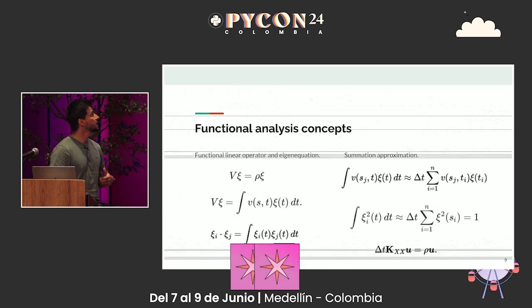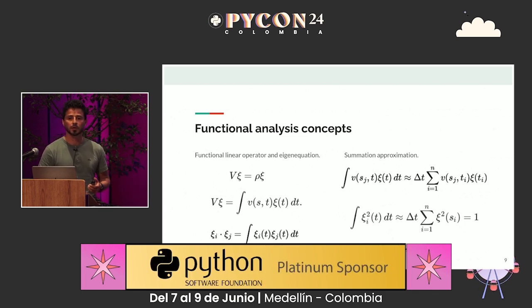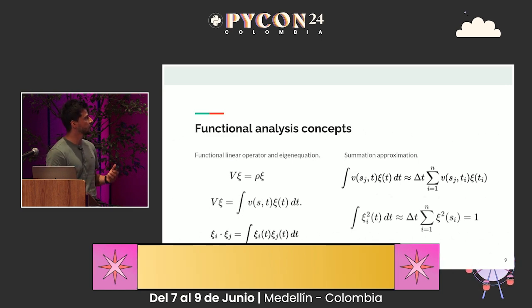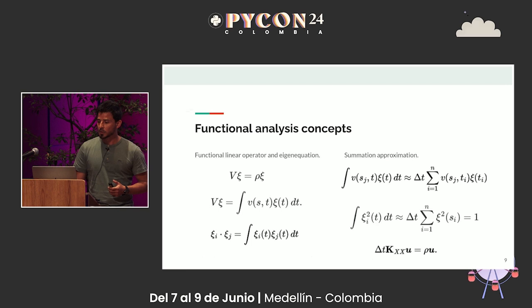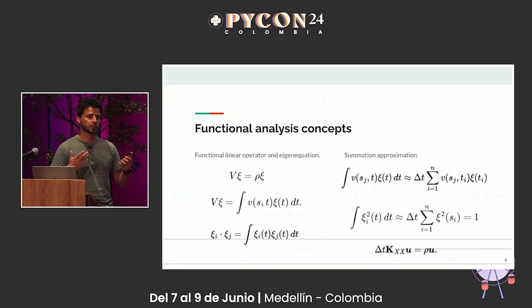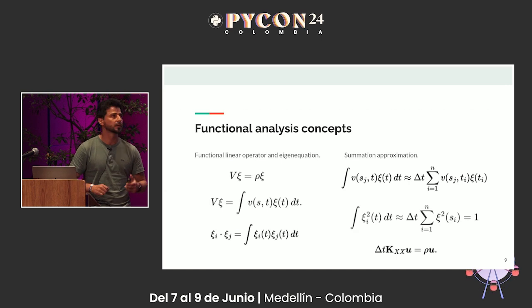Also, in this space, you can define the inner product for functions as you do for vectors. And it's just simple, the integral of the multiplication of the two functions or the components. We don't have continuous data; what we really have is discrete information.